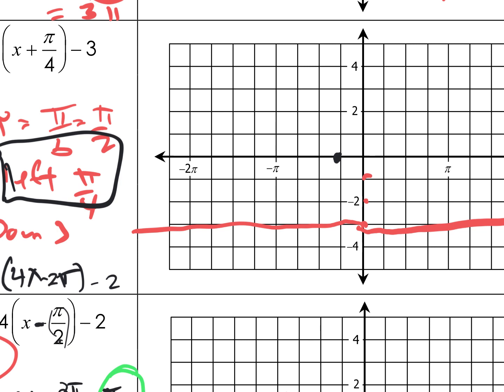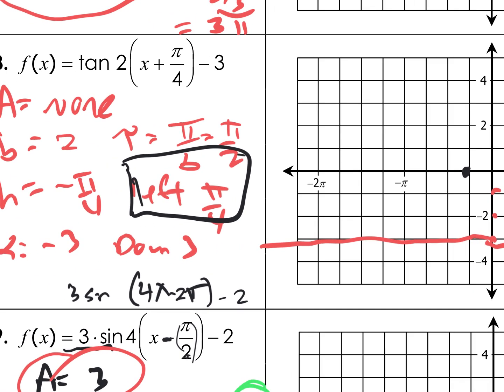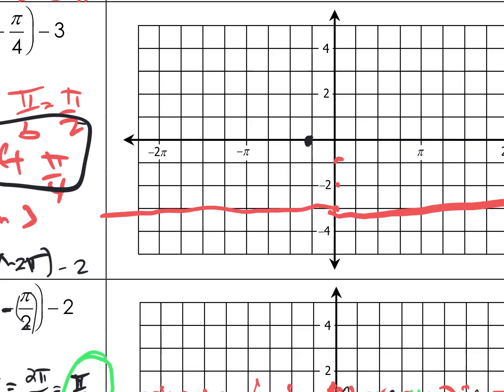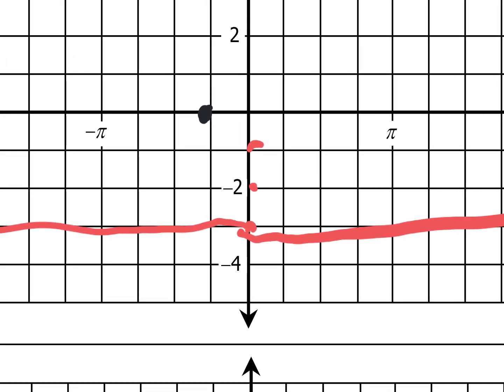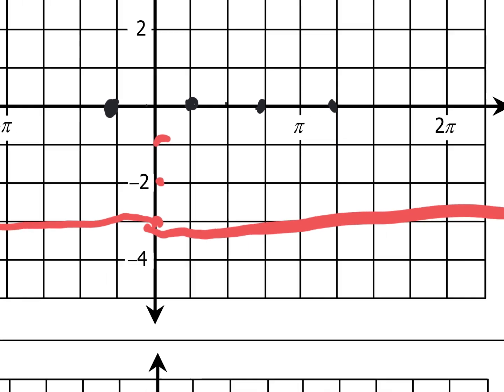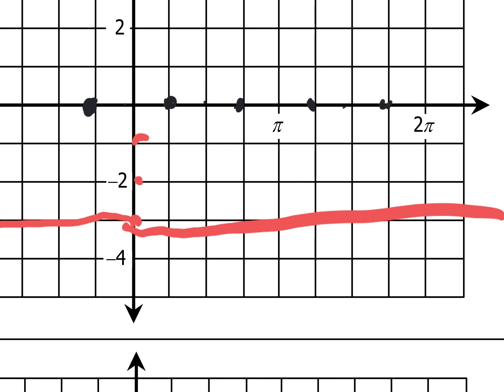And what was my period? It was pi over 2. How many tick marks is that? 2. So 1, 2, there's a dot. 1, 2, there's a dot.